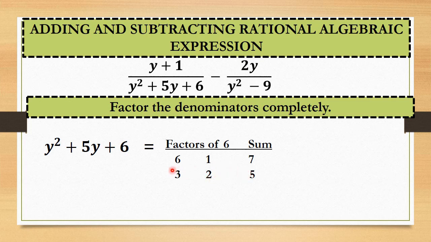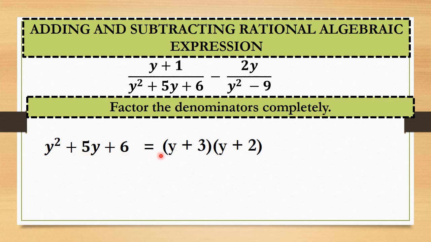So, ito yung factors of 6 na nag-equal sa positive 5, 3 and 2. So, therefore, the factors of y squared plus 5y plus 6 are y plus 3 times y plus 2. So, ito yung binomial factors ng y squared plus 5y plus 6.